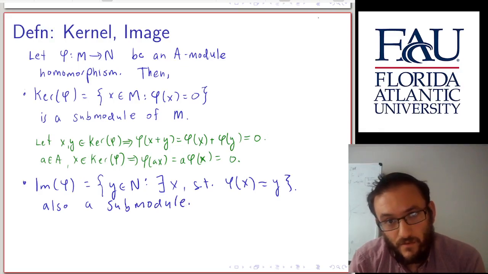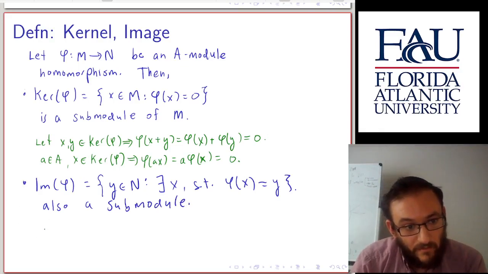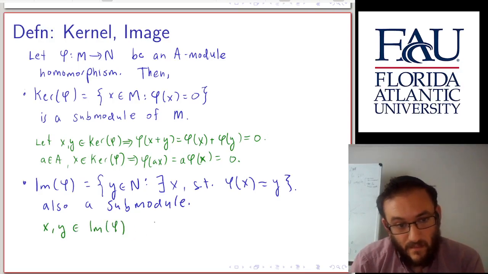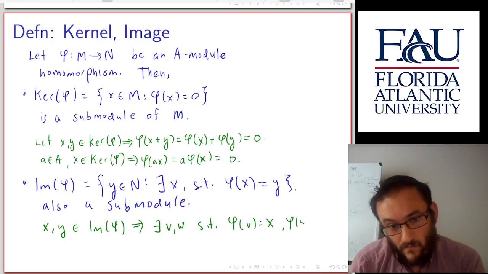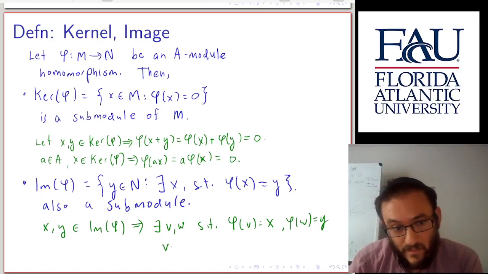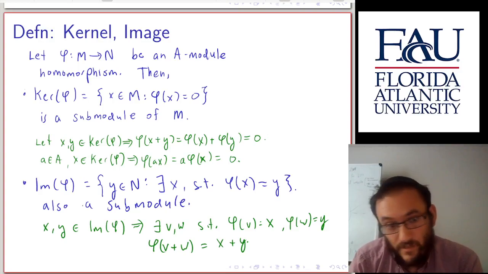And also not too hard to check: if you have x and y in the image, that means that there are v and w mapping to them. But then, when you add them together, you get x plus y. So that means it's closed under addition.